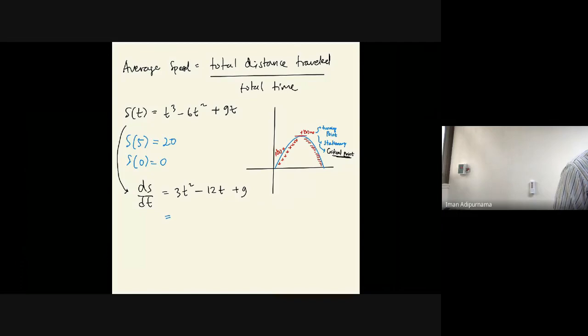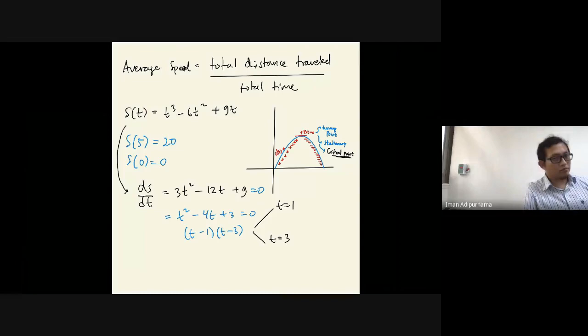So let's solve this, set it to 0. 3 times (t squared minus 4t plus 3), right? So t is 1 and t is 3.